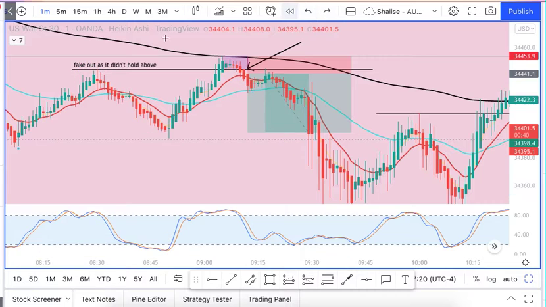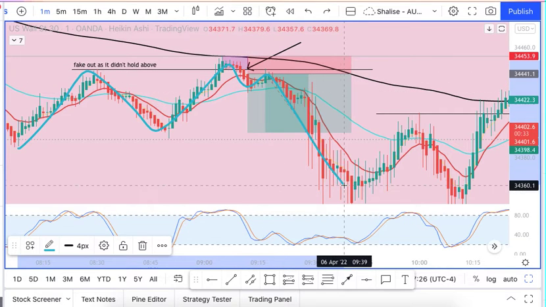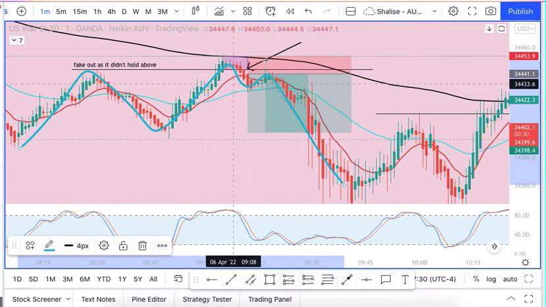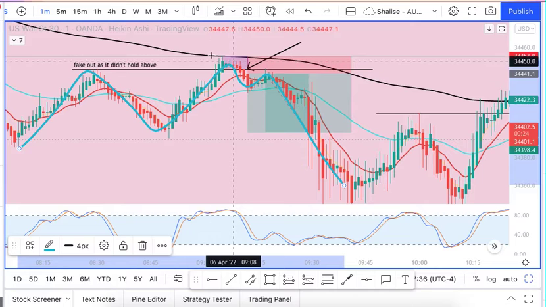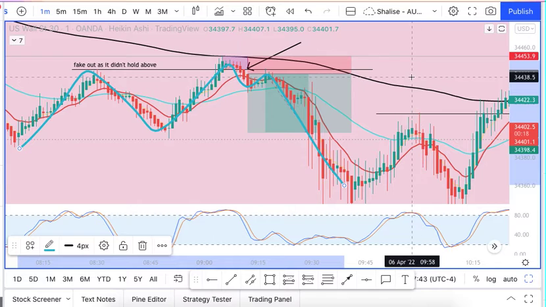Also, if you trade this way, you can see what that looks like. So if it doesn't hold above the previous high, you can consider that the push above was a fake out, especially if you get consolidation at a moving average. I hope this is helpful.